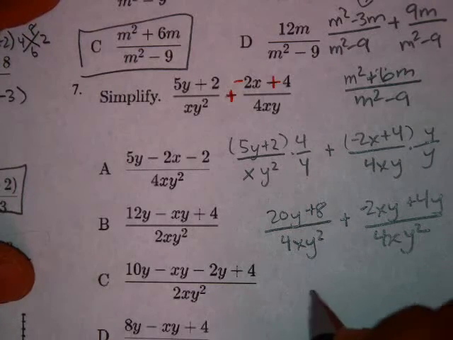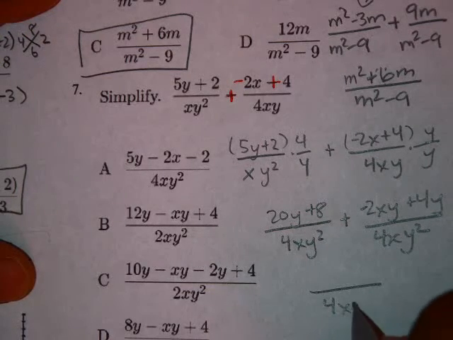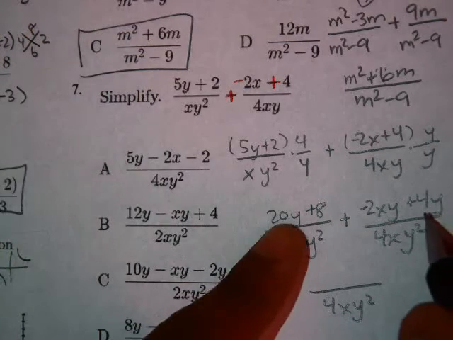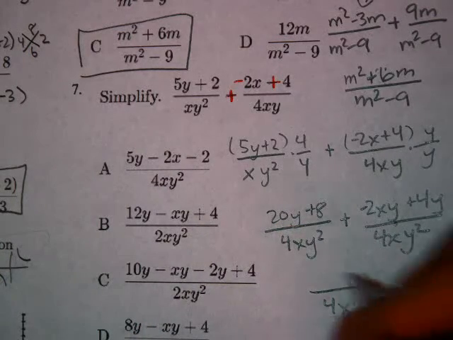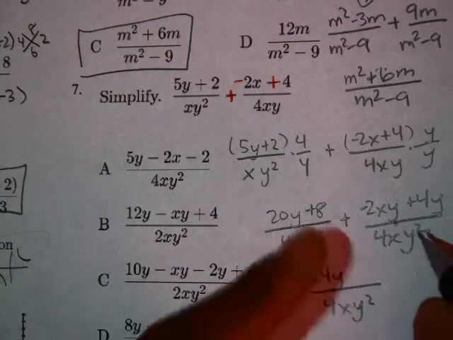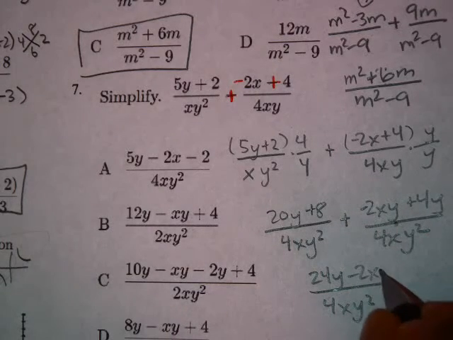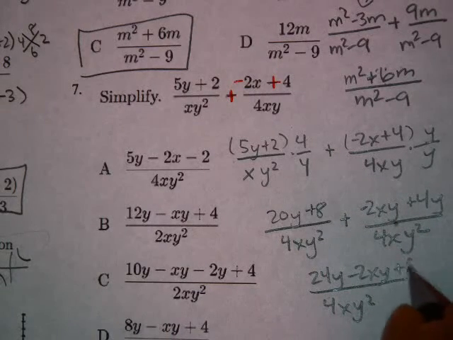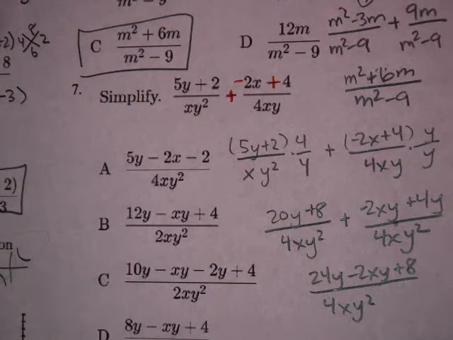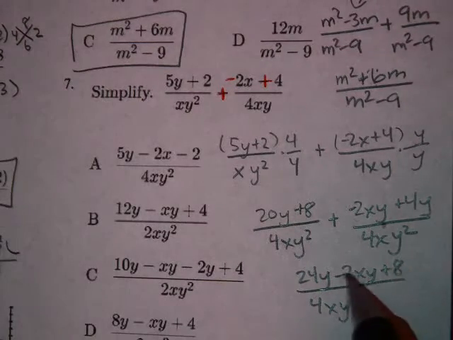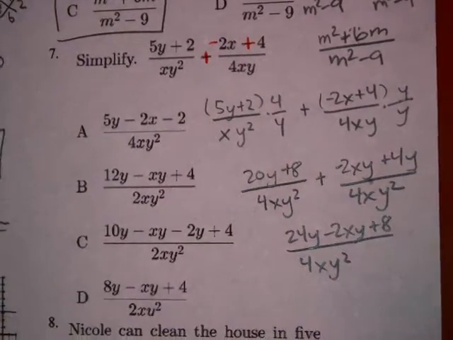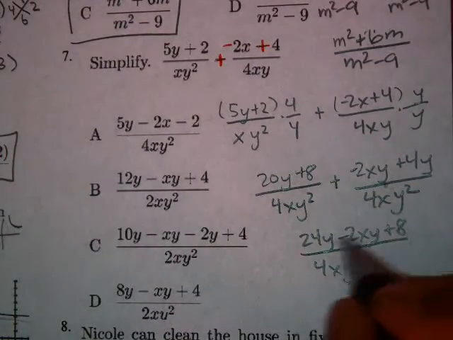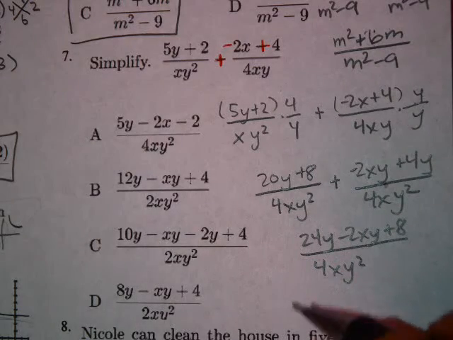I can add on the top or combine like terms at the top. 20y and 4y is 24y. That's a negative 2xy and a plus 8. I notice that all these numbers at the top are reducible by 2. They're all even. So let me factor out a 2 and see if I can help reduce to get to the bottom.